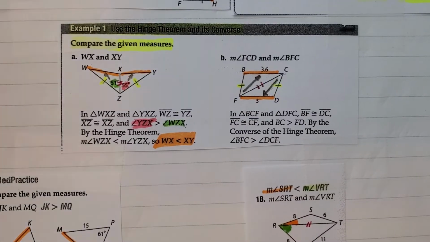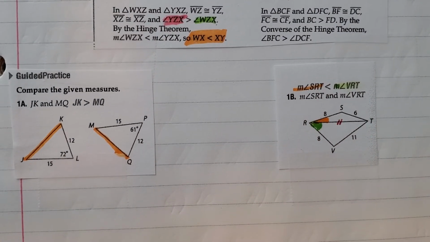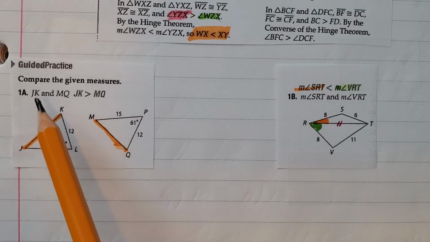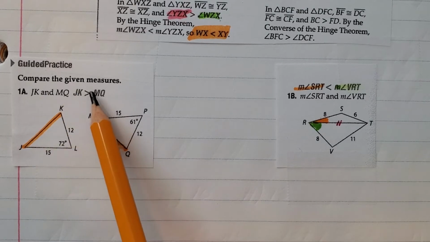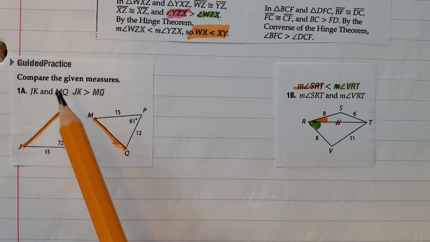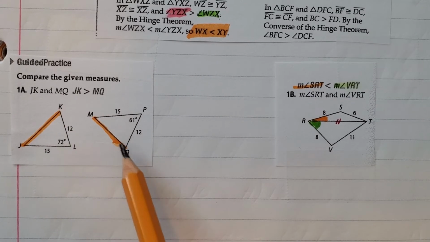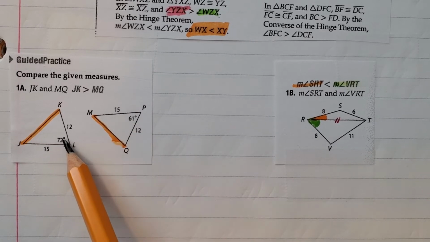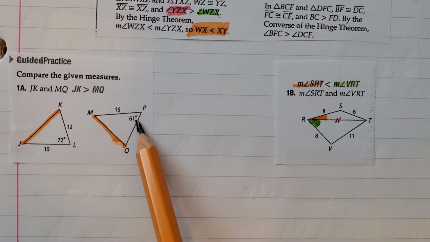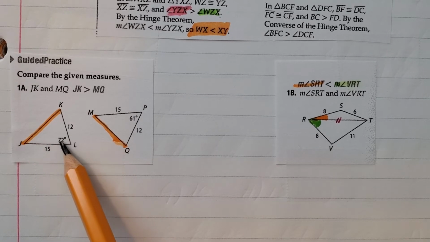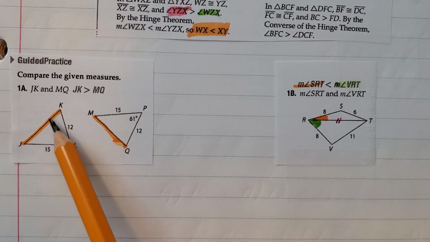Next, down here, the last two examples. I'll try to get it square for you. All right, so the question is compare the lengths. Now, it already gives you the answer there, but let's look at it. What's true about JK and MQ? Here's JK and here's MQ. The sides are equal there and there. The angle's 72 and that angle is 61. So by the hinge theorem, that's a wider hinge right there, so a longer length right there.